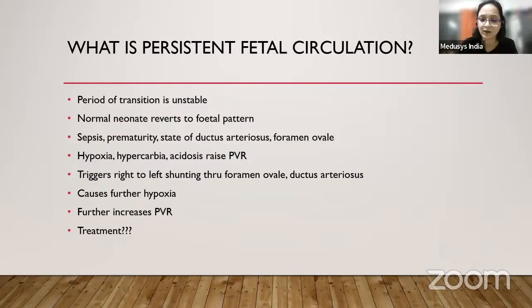So if you see persistent fetal circulation, what can be the treatment? What do you feel? Now we can try to avoid the triggering factors by correcting normothermia, acidosis and hypercarbia, keeping babies warm, pink, and wet.